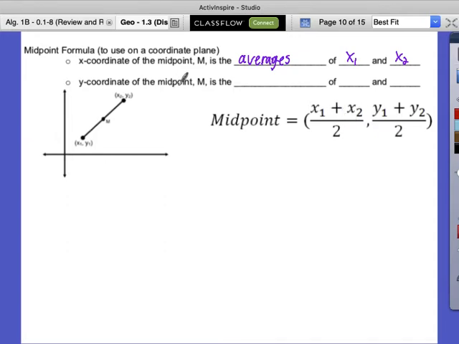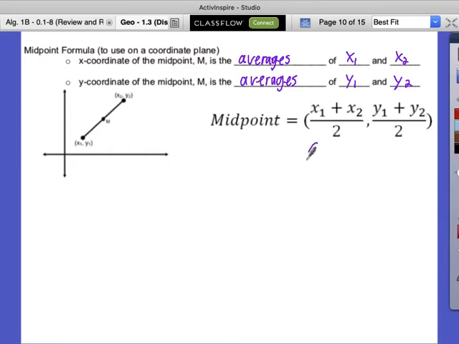The y-coordinate is the same thing. It is going to be the average of y1 and y2. Once again, you take y1 plus y2 and divide by 2 because you're adding two things together. Whatever x1 plus x2 divided by 2 is going to be our x-coordinate.